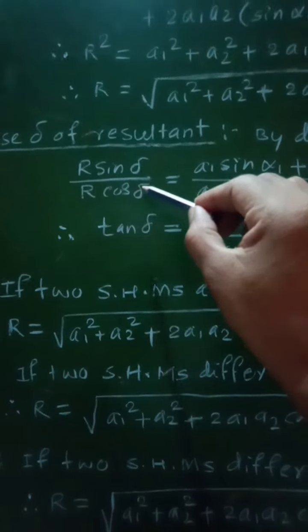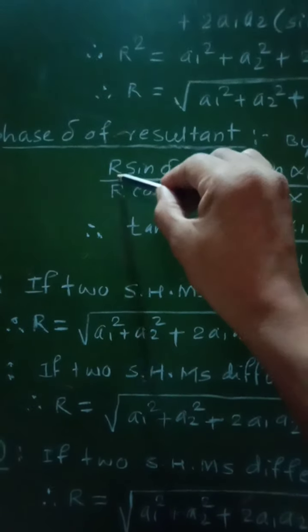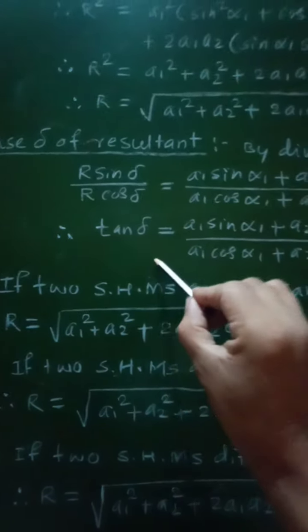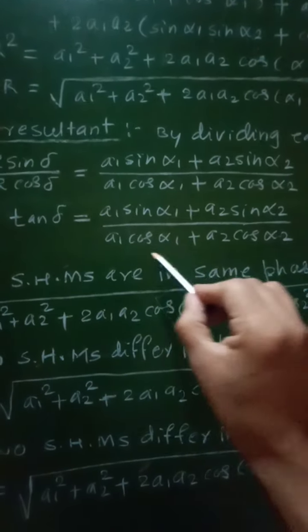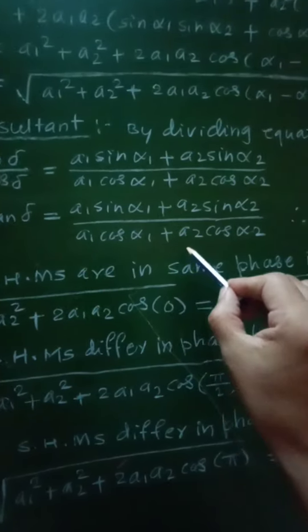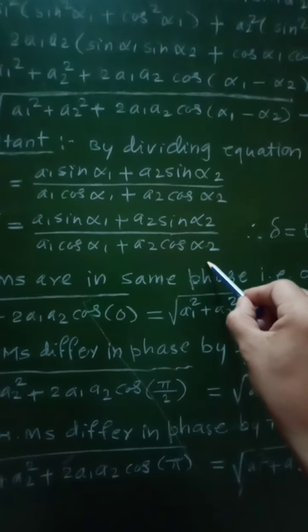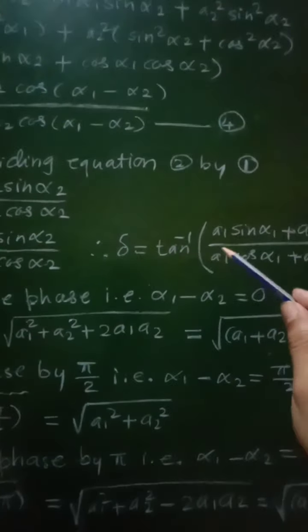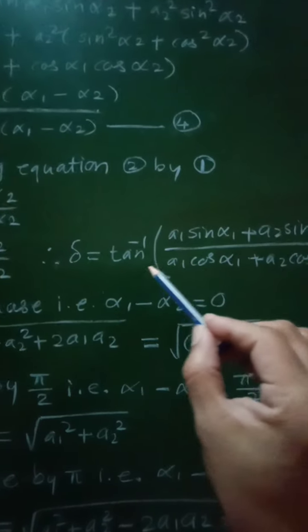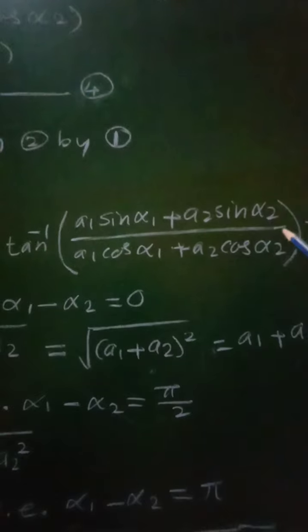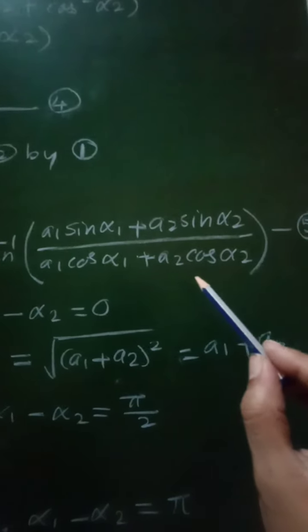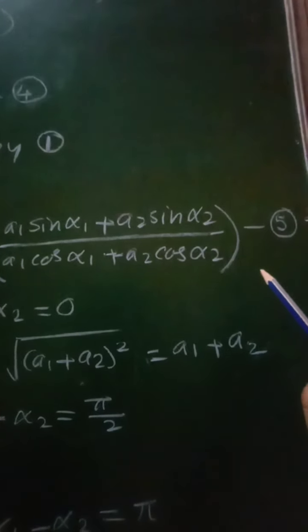This sin delta upon cos delta will be tan delta, r will get cancelled, and therefore tan delta equal to a1 sin alpha 1 plus a2 sin alpha 2 upon a1 cos alpha 1 plus a2 cos alpha 2. Therefore delta will be written as delta equal to tan inverse of a1 sin alpha 1 plus a2 sin alpha 2 upon a1 cos alpha 1 plus a2 cos alpha 2, equation number 5.